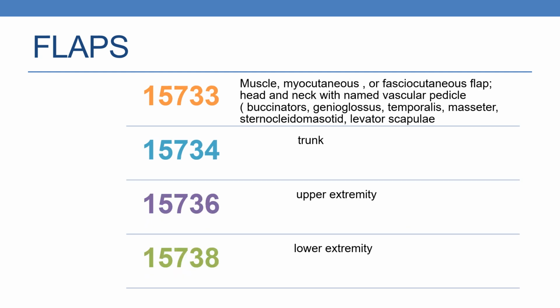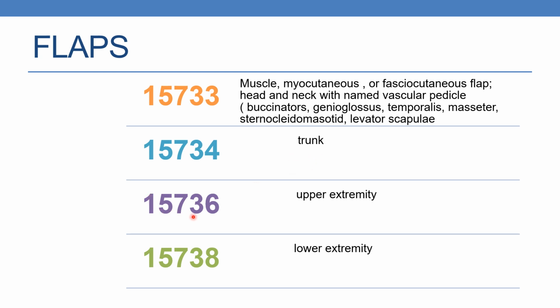The next CPT is 15733, muscle, myocutaneous or fasciocutaneous flap, head and neck with named vascular pedicle, for example buccinator, temporalis, etc. The next is 15734, muscle, myocutaneous or fasciocutaneous flap, the region is trunk.